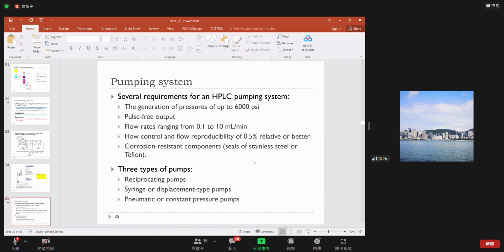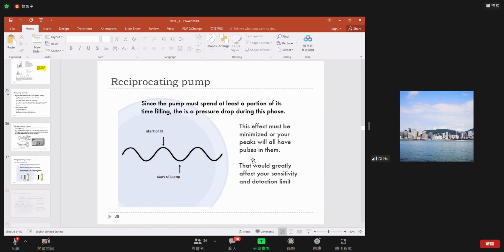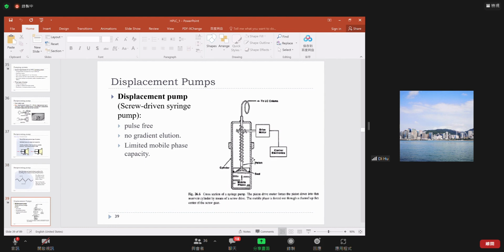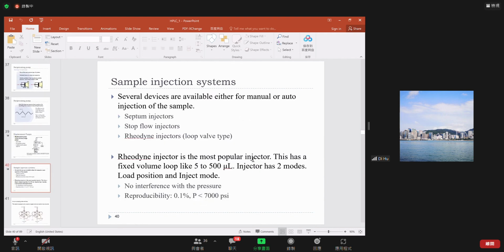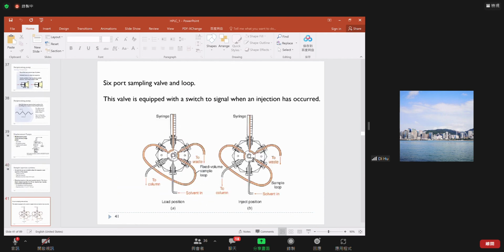Then we talked about some instrumentation, but that goes together with real cases. Later on we used size exclusion chromatography with ELSD, and then several case studies on the melamine, using a mass spectrometer, right?